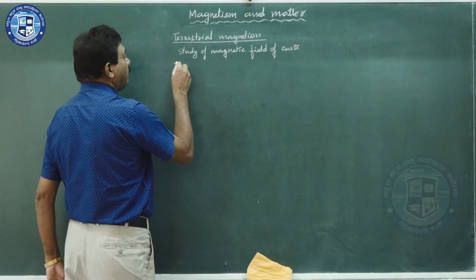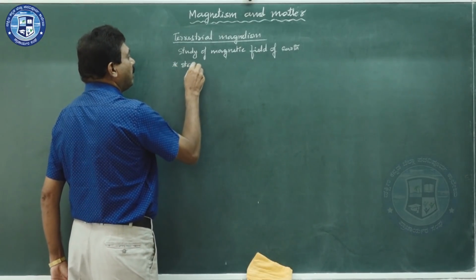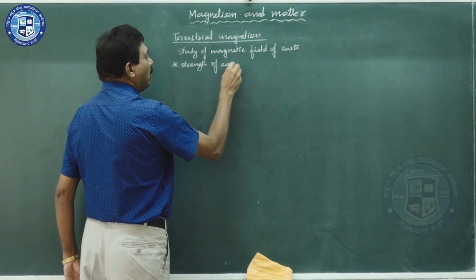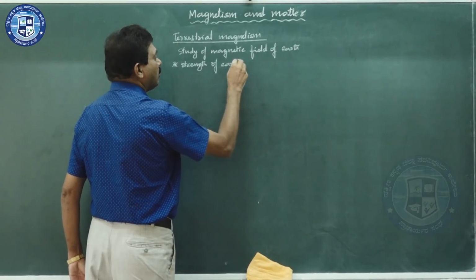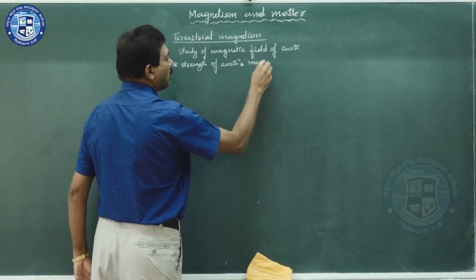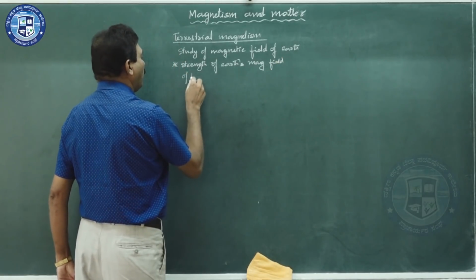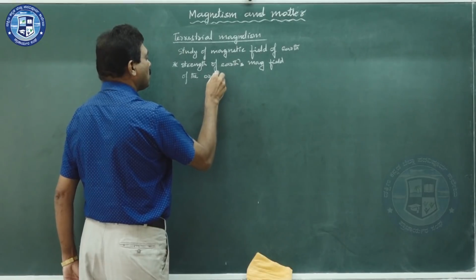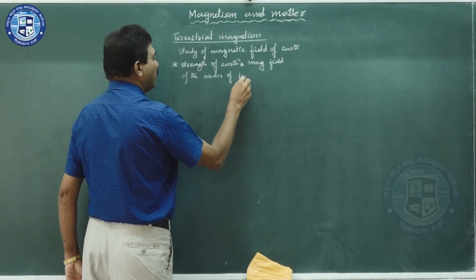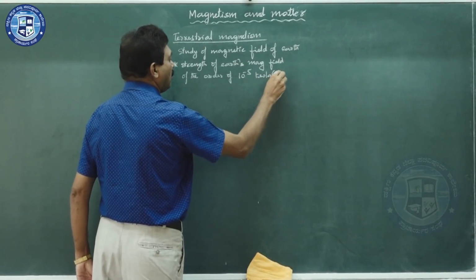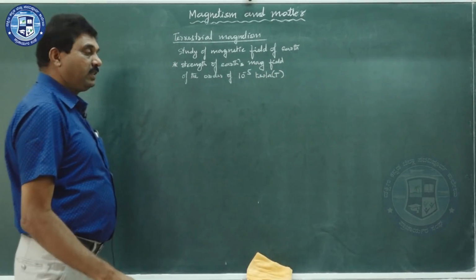The earth's magnetic field is experimentally studied, and the strength of the earth's magnetic field is of the order of 10 to the power of minus 5 Tesla. Tesla is denoted by capital T, that is the symbol.